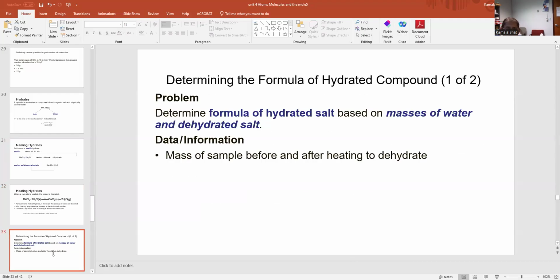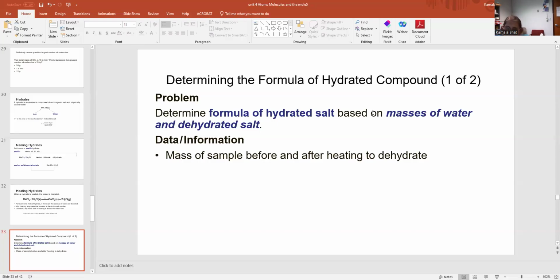Once you know the mass of water lost, then we can calculate the formula of the compound, basically you're going to calculate the n value. So determine the formula of the hydrated salt based on the masses of water and the dehydrated salt.